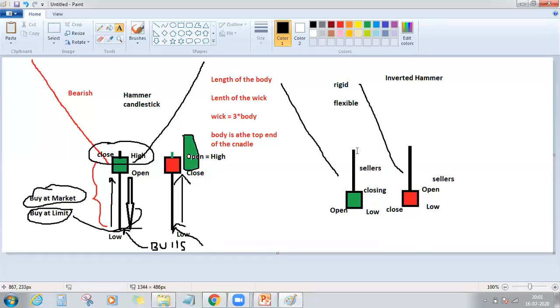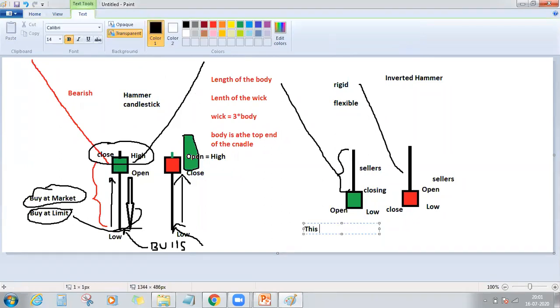But still, on this particular day, sellers were strong. Sellers were even stronger on this particular day as well. And so this is just the beginning of the strength exhibition, just the beginning of the strength of bulls. So they just started to show their strength.